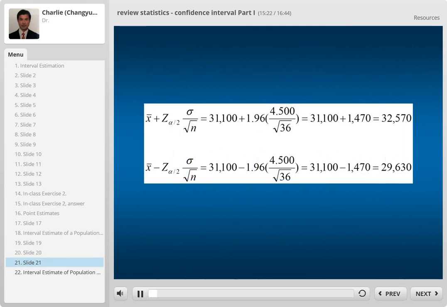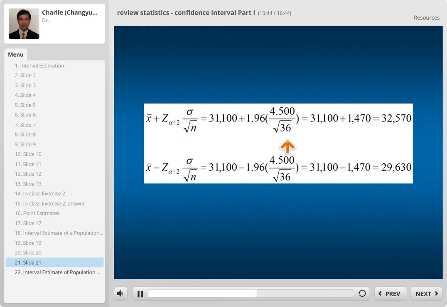Now we're ready. Basically, we calculate x bar plus z alpha over 2 times sigma over square root of n. Plug in all the numbers from the previous slide. X bar equals 31,100. Z alpha over 2 equals 1.96. Sigma equals 4,500.